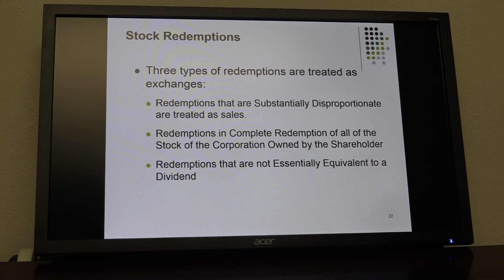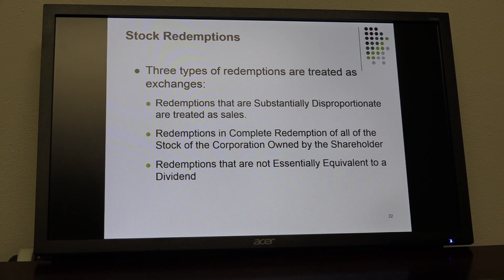And so it's really difficult for corporations and individuals. Really, the individuals are the ones who have the burden here to prove to the IRS that a redemption is an exchange and not a dividend.